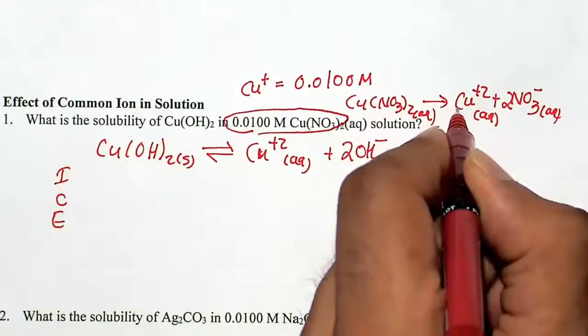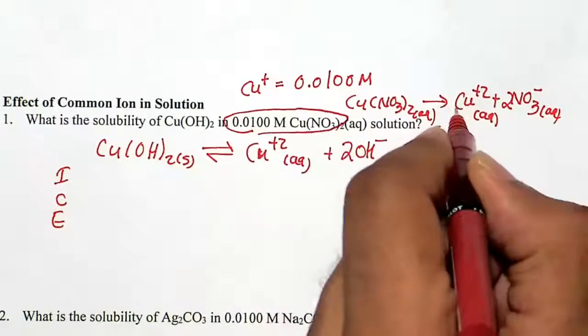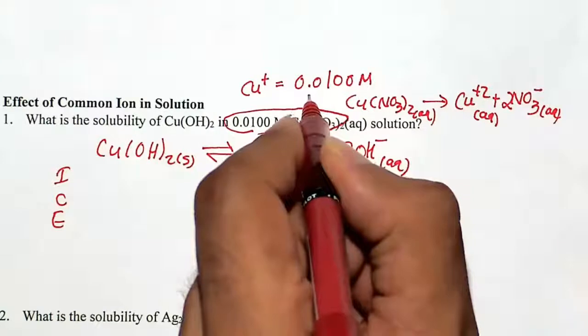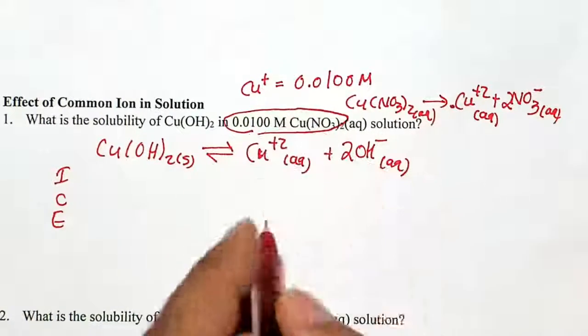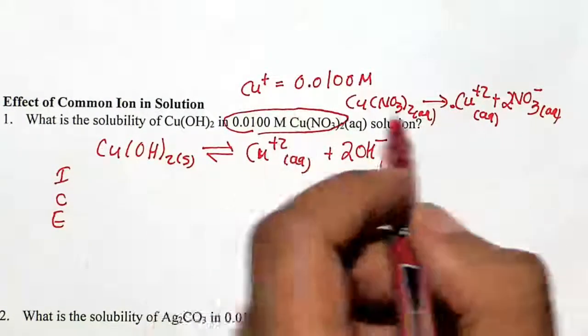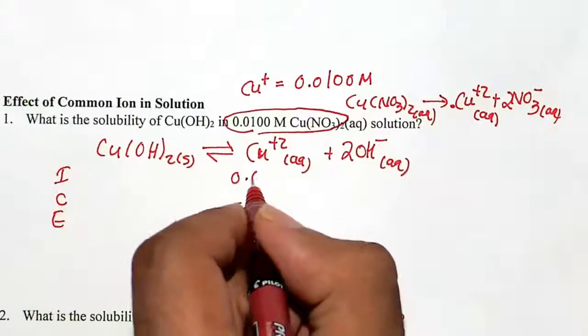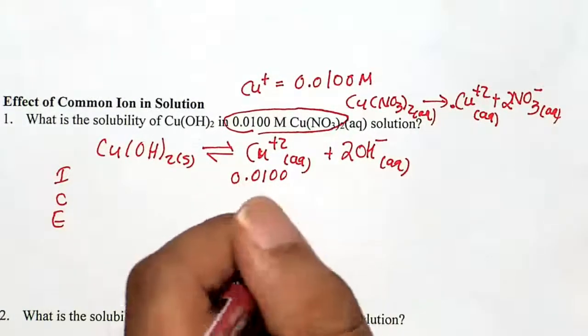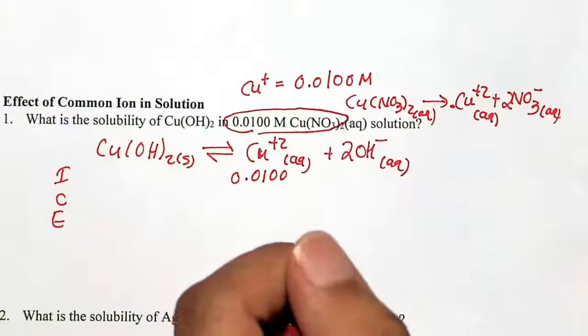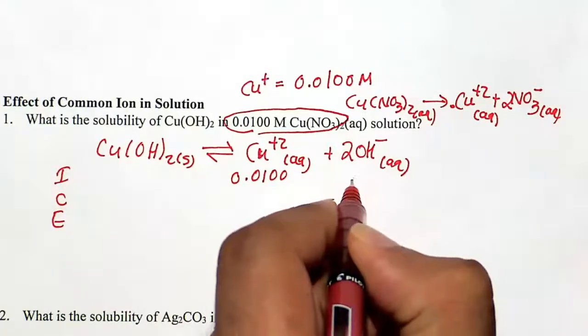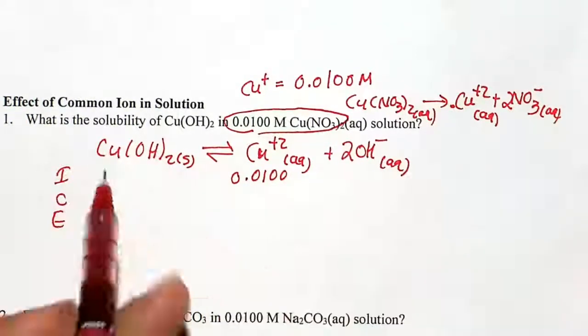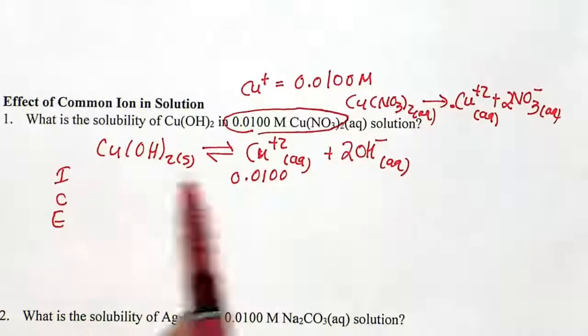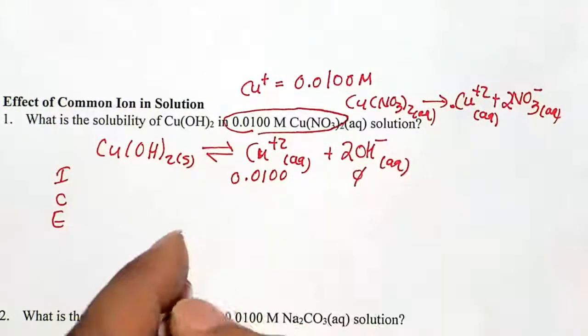The coefficient here is 1, so if the coefficient was 2, we'd multiply this by 2, but in this balanced dissociation equation it is 1. So our initial concentration is 0.0100 molar. And our initial concentration of hydroxide, since we're talking about this reaction going this way, will be 0.